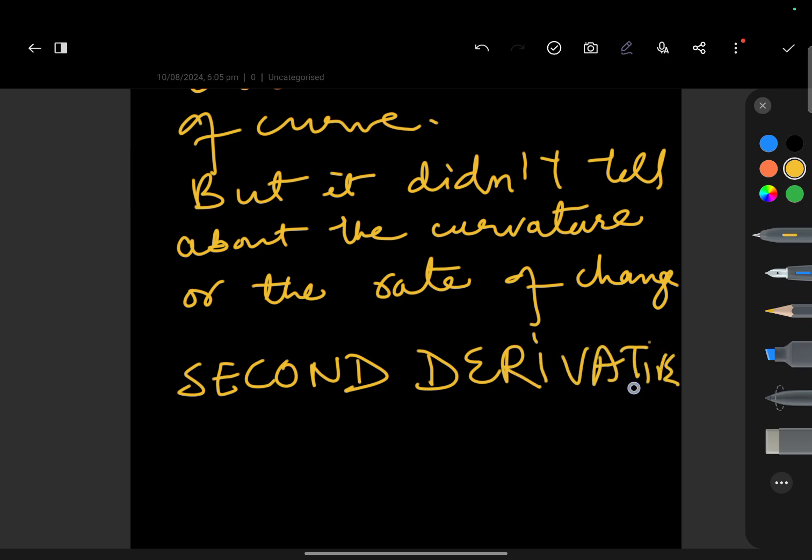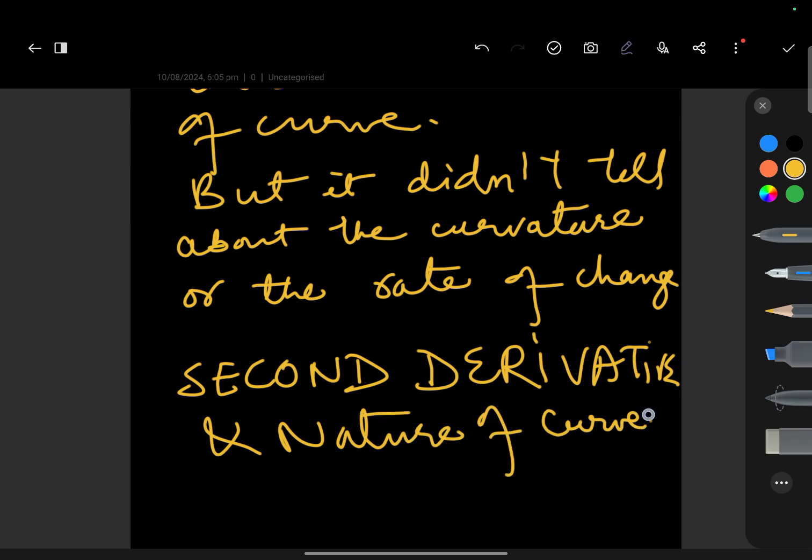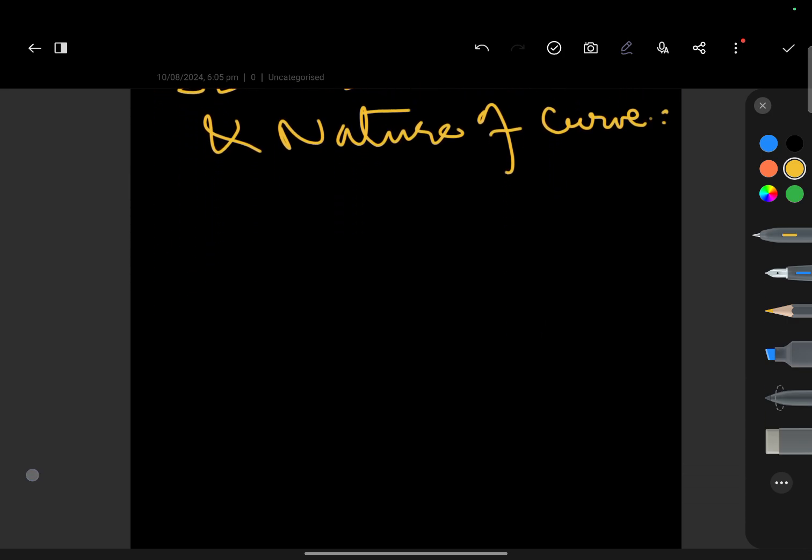And the nature of the curve. Now let's begin the second derivative.